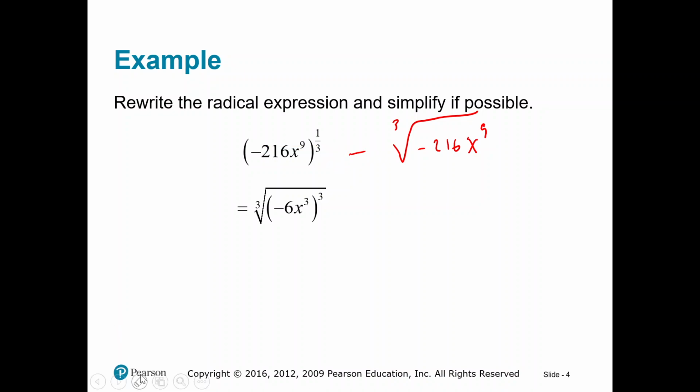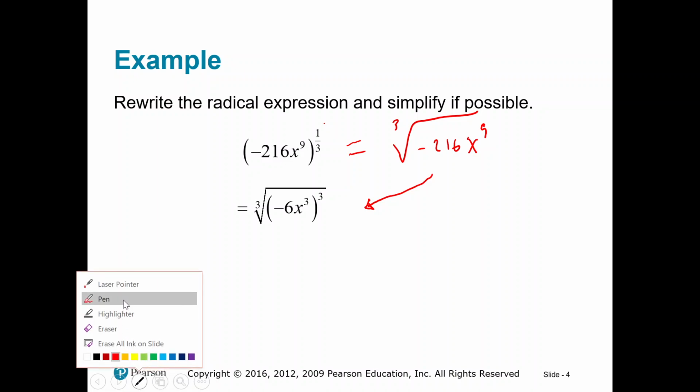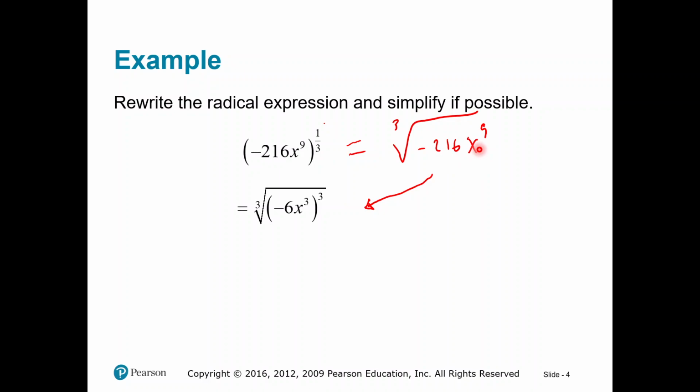And so from here, from the negative 216 x to the 9th, we want to say that negative 6 x cubed, okay, because if I take the negative 6 x cubed, I will have the negative 216 x to the 9th.